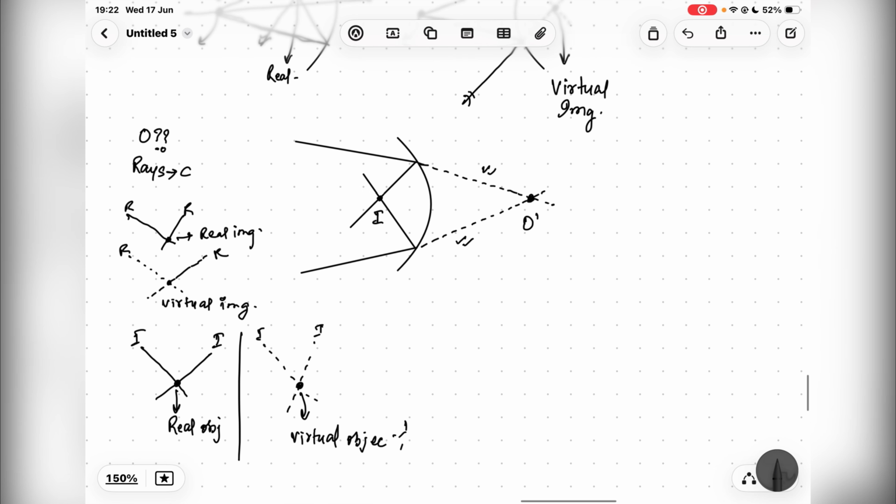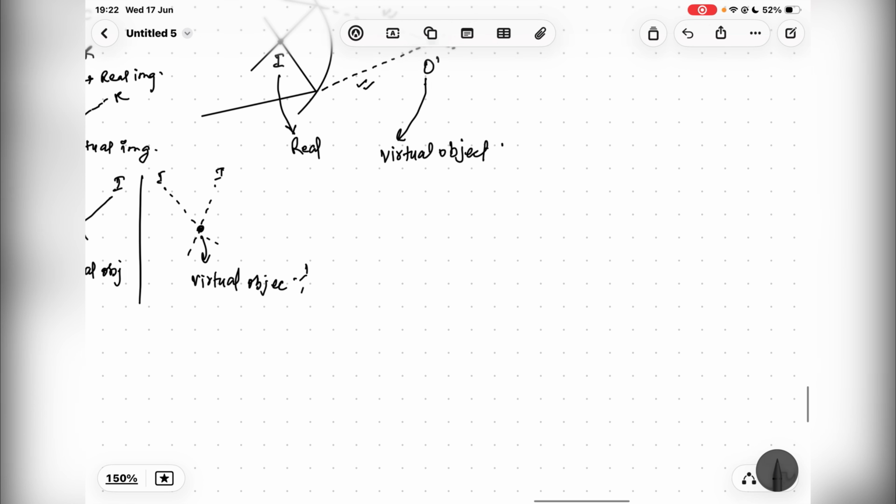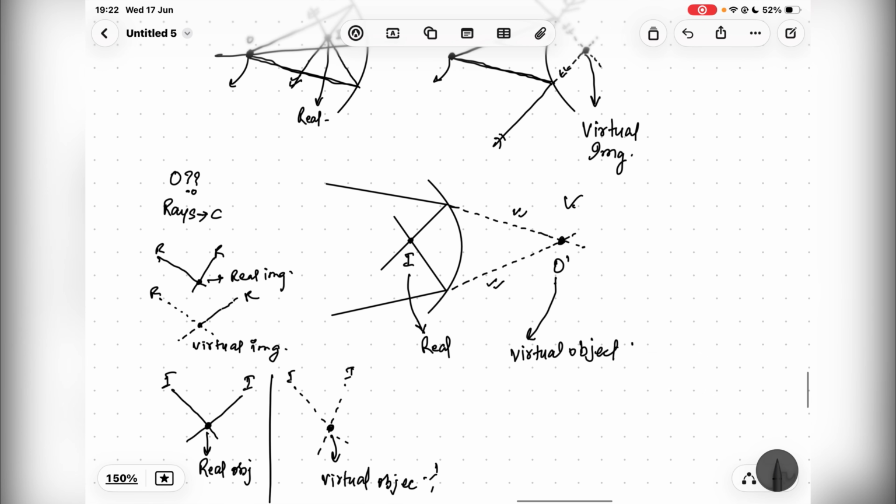So for this real image, this is the virtual object. So this is a very special case in which we realize that even objects can be virtual.